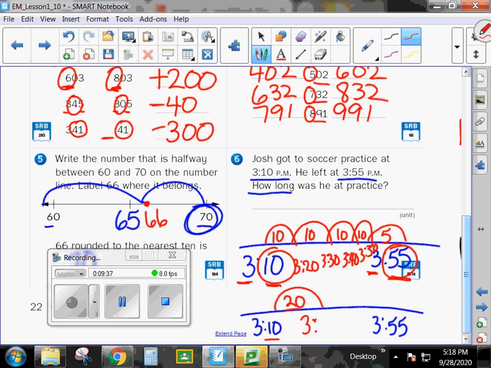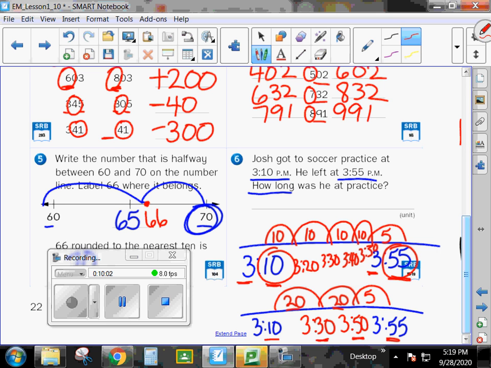So I'm already at 330. And you're like, well, I could jump 20 more. So 30 plus 20 is 50. So I'm at 350. Well, I can't jump 20 more because, look, I'm almost there. 50 to 55. That's only a difference of 5 more.